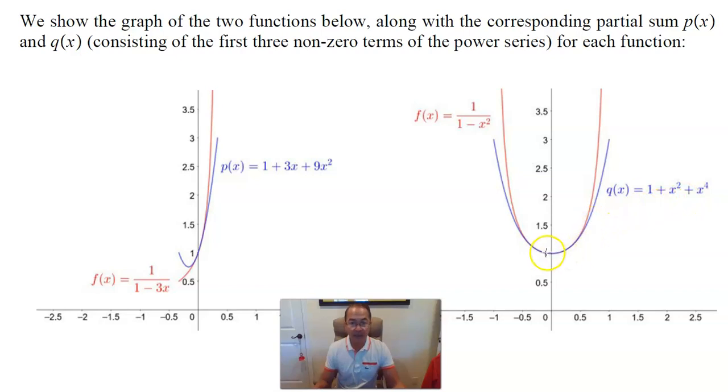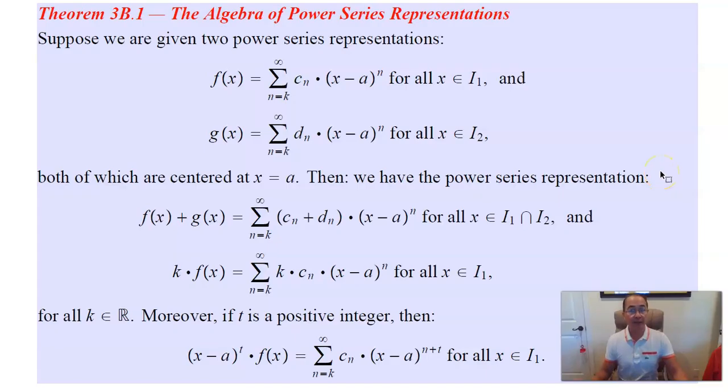And again, we can tell here that the two graphs are almost identical, let's say between negative 0.5 and positive 0.5.